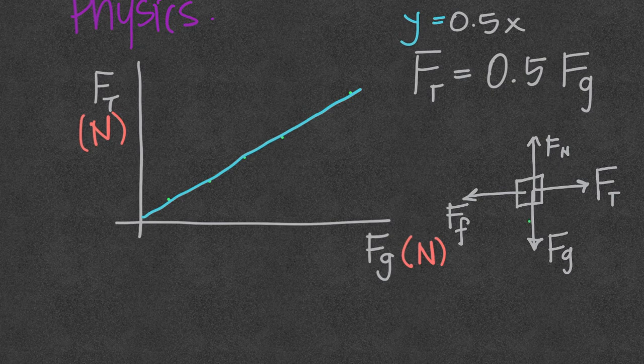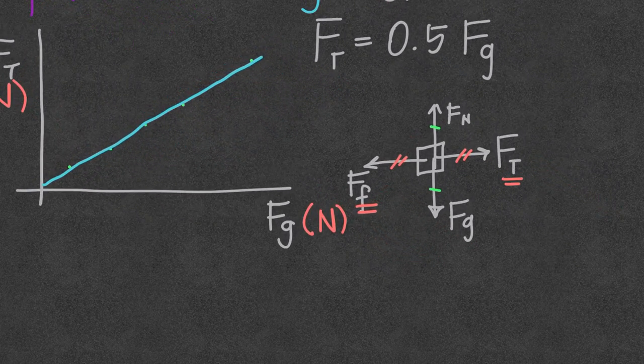And the weight and the normal are equal to each other. And if it was not going to move, and if this force was the maximum force just before it moves, then those two forces were equal to each other as well, the friction force and the tension force.